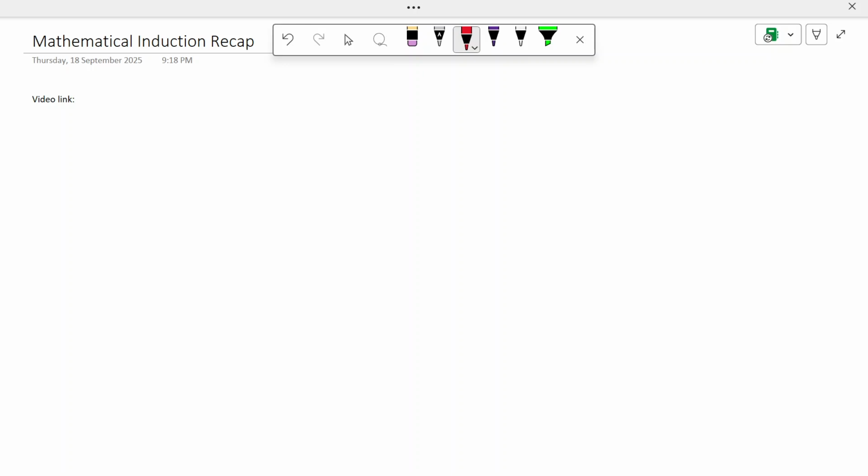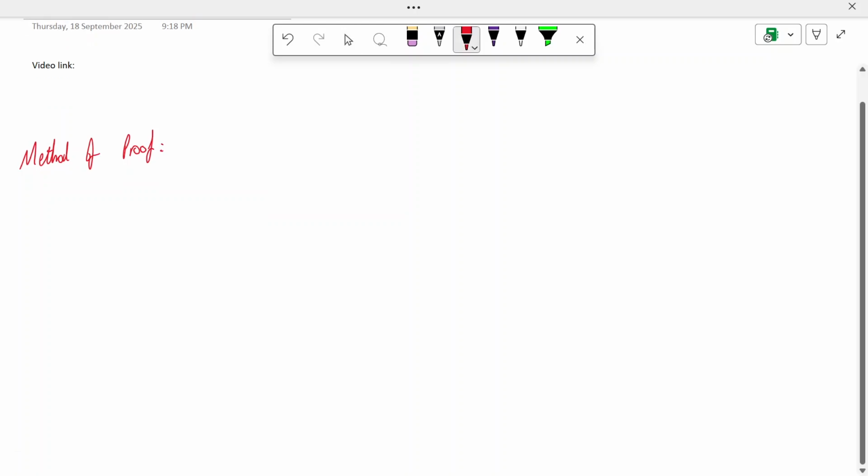Mathematical induction is a method of proof, and it hinges on two key steps. The first step is the base step, sometimes called the basis step.